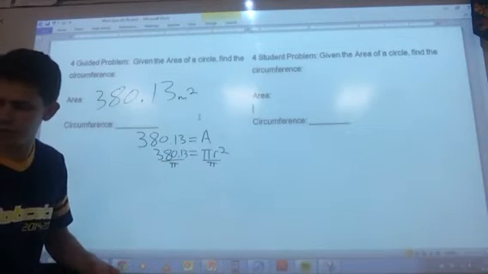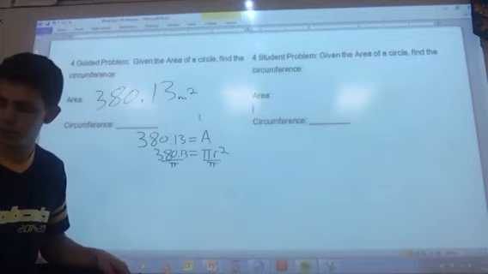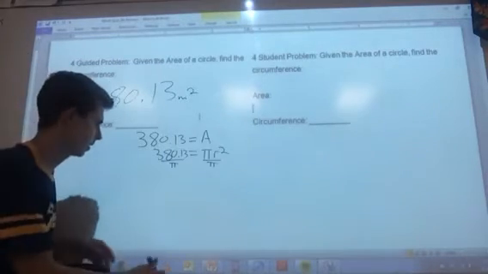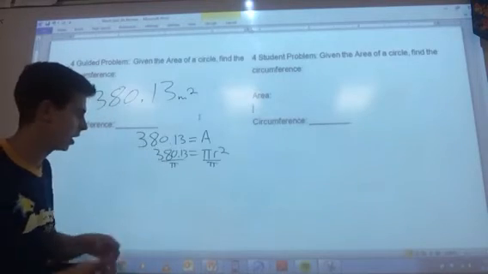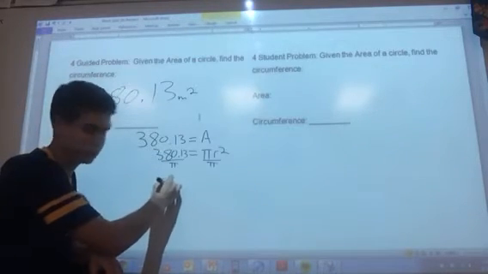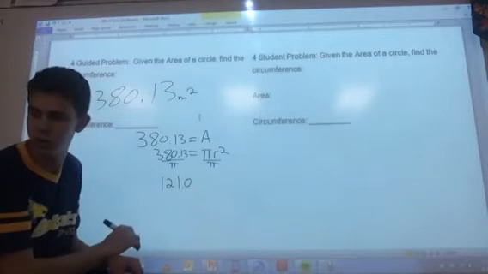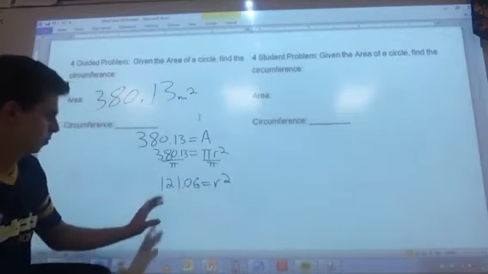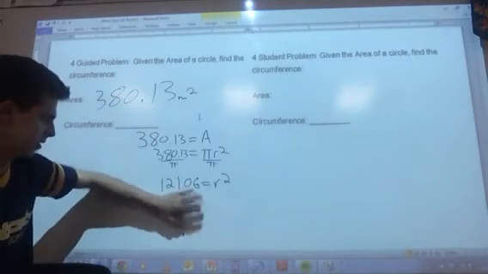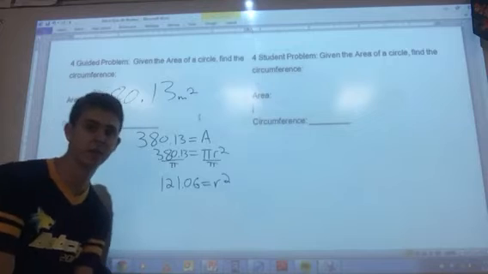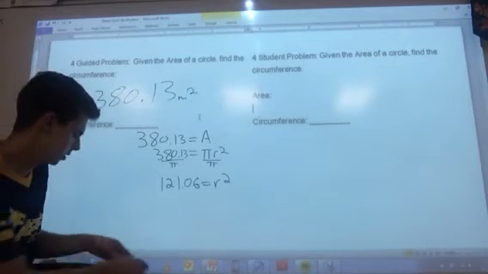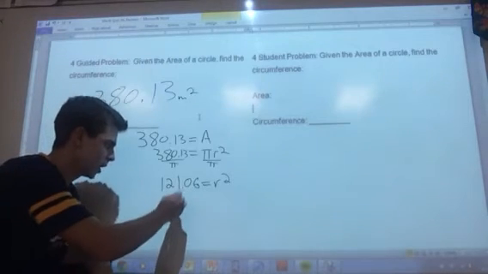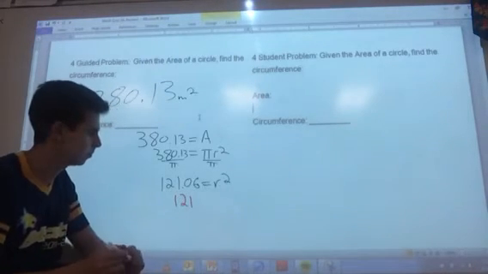When I divide both sides by pi, and we're going to use 3.14, it's kind of a tough division. It's going to be 121.06 is equal to r squared. Now, this isn't exact, because 3.14 is not the exact value of pi, but I know that if I divide by exactly pi, it'd be 121.